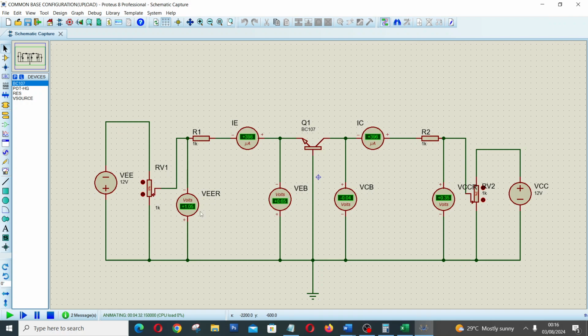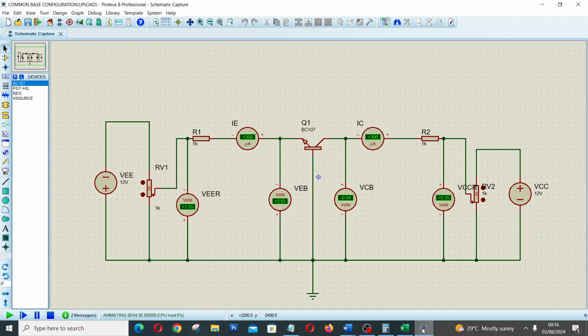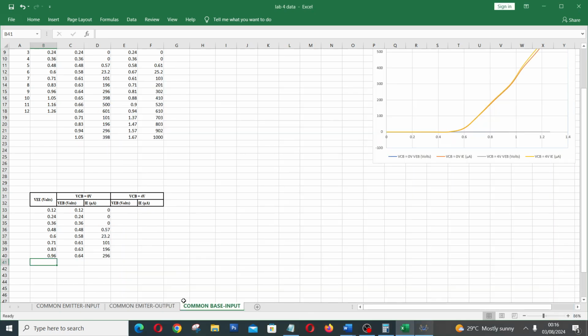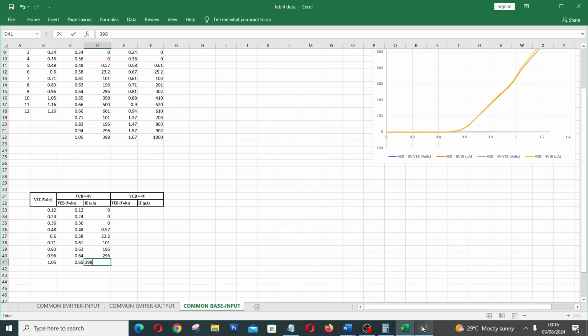So when VEE is 1.05, our VEB is 0.65 and IE is 398 microamps. That's at 1.05.